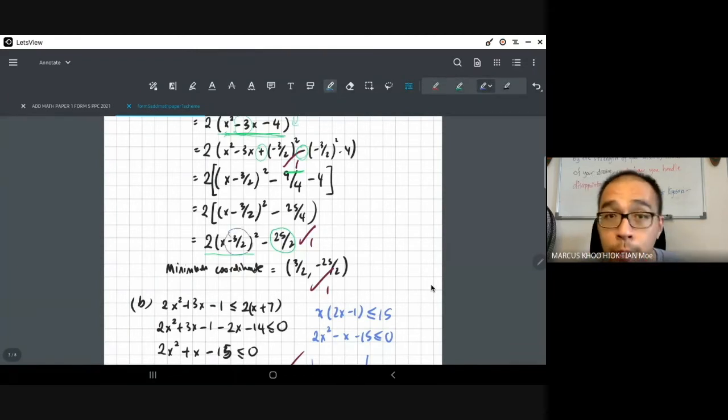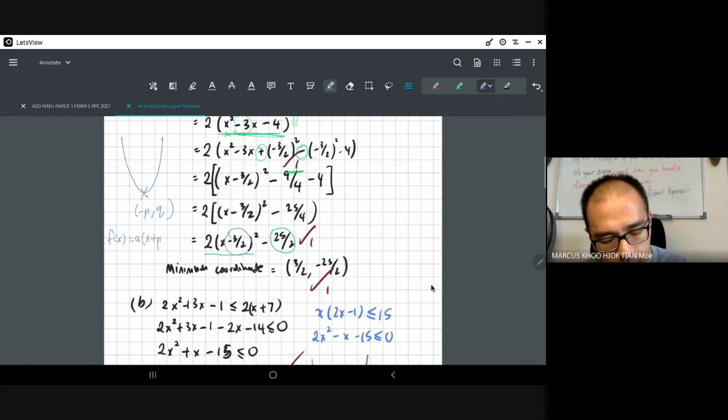So when you do completing the square, you are immediately given the information of the x coordinate, okay, -p, and then the minimum point, which is q. Okay, so remember, after completing the square, you get f(x) equals a, (x plus p) squared plus q.